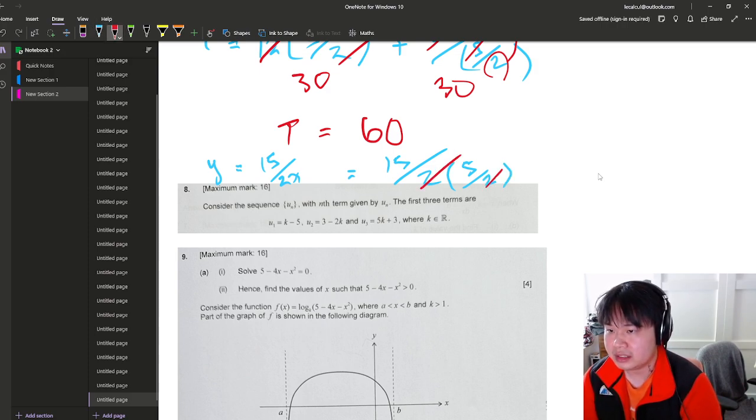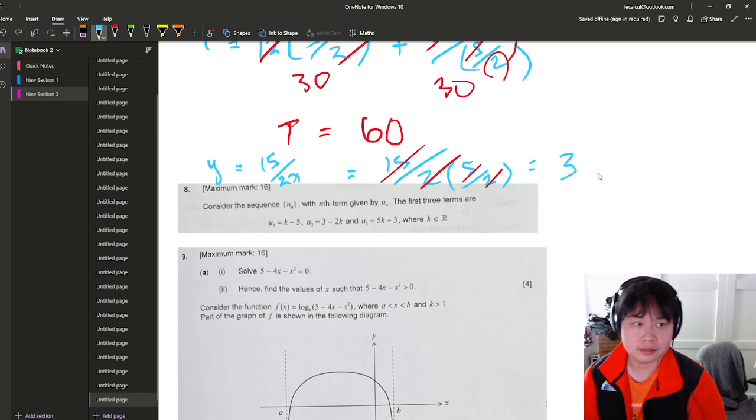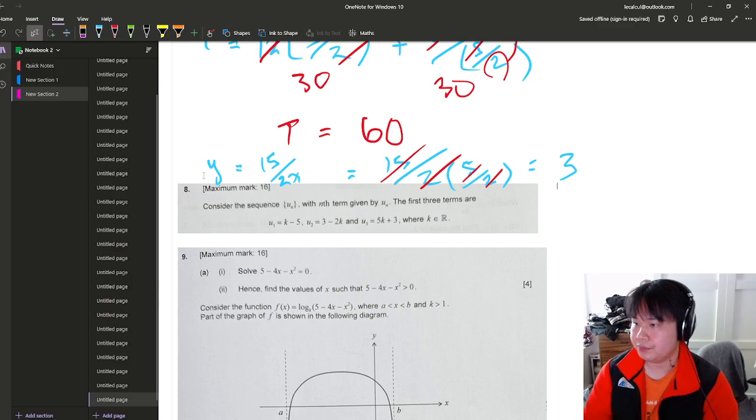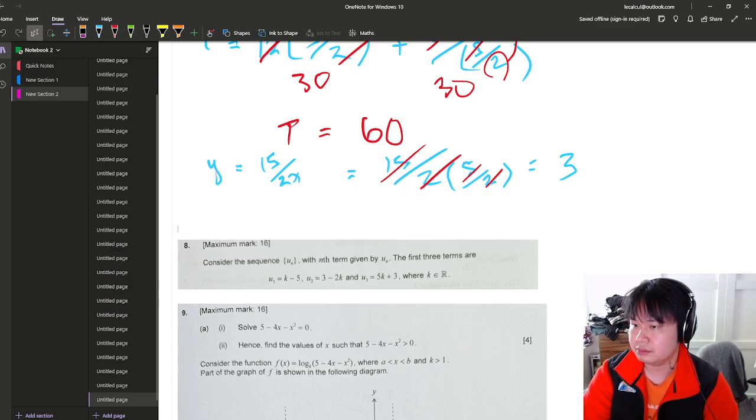Okay, 2's cancel. 15 divided by 5 is 3. Okay, there you go. Are we done this question? I don't think so.